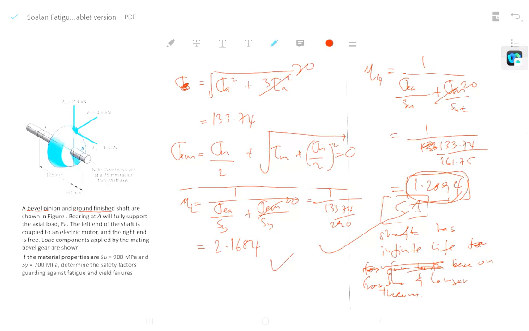The right end is free. Gear force acts at 75.